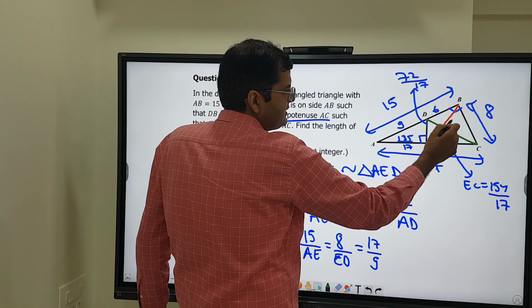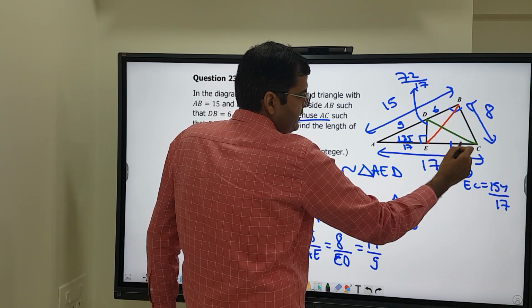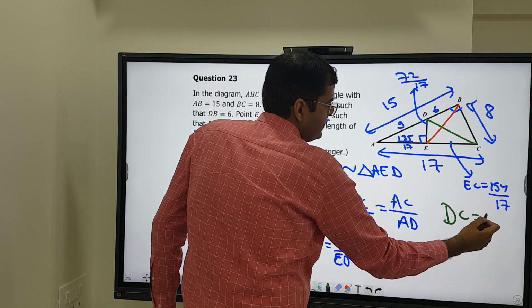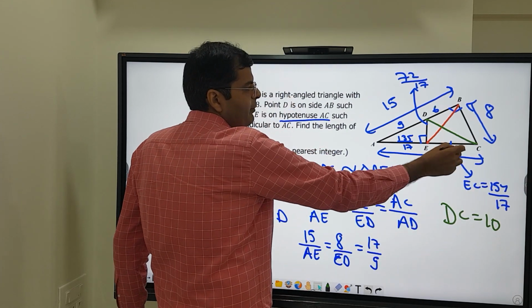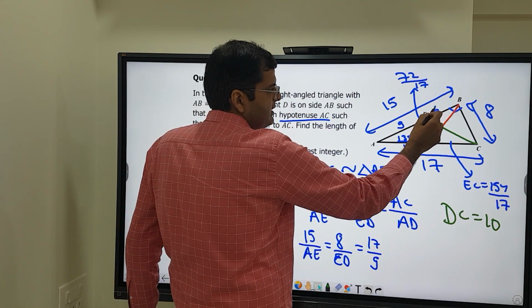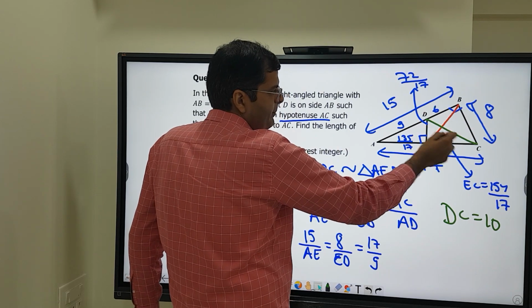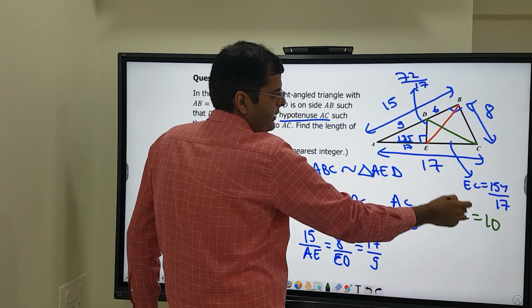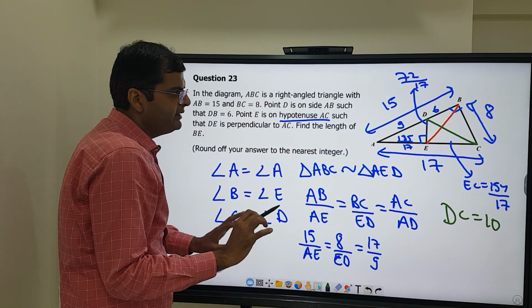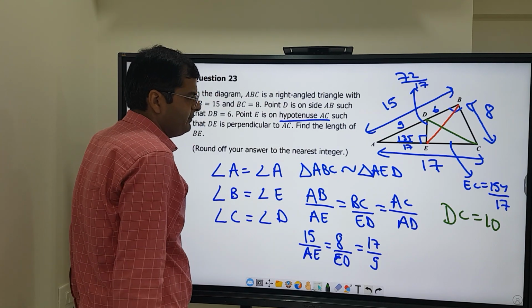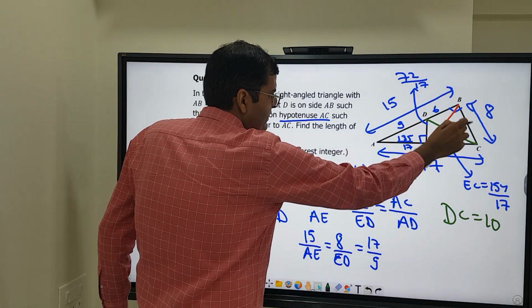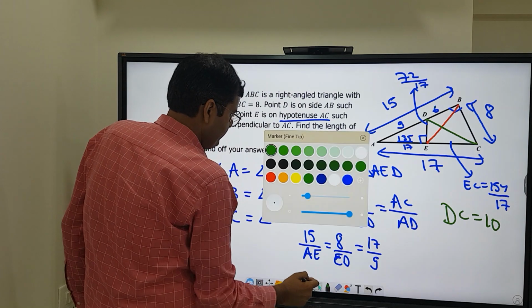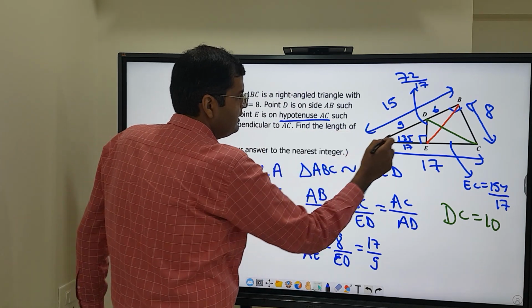This is 6 here, this is 8 here. So DC should be equal to 10, because DC is the hypotenuse of this right angle triangle with sides 6 and 8. So the hypotenuse will be under root of 6 square plus 8 square. So DC should come out to be 10. So DC is 10.